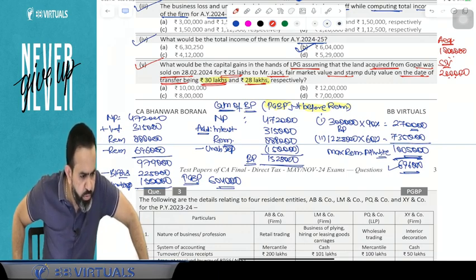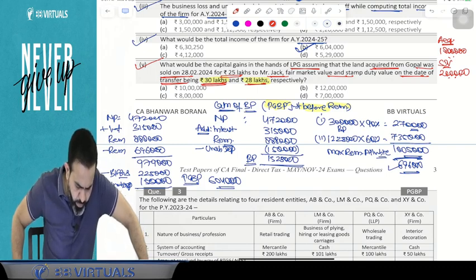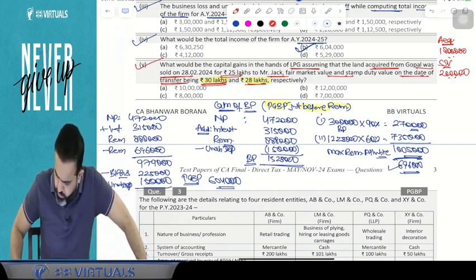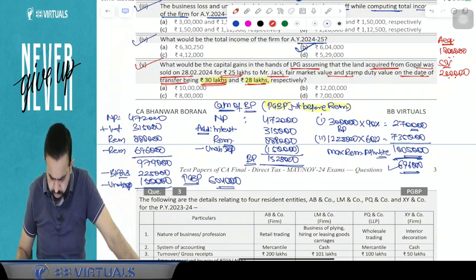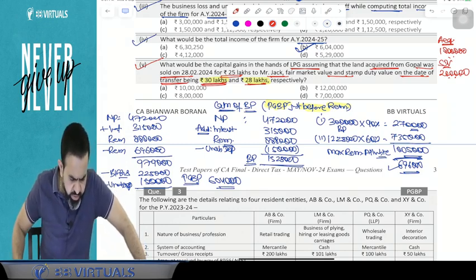In the key paper it is given as 4,12,000. Oh, okay, what answer did we get?